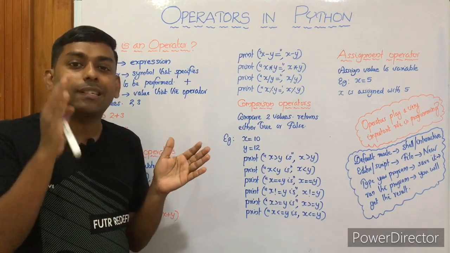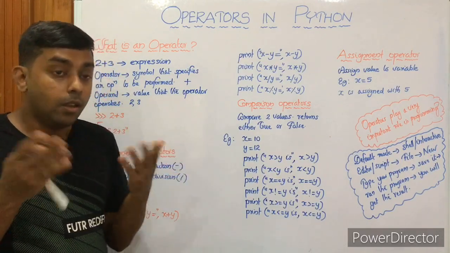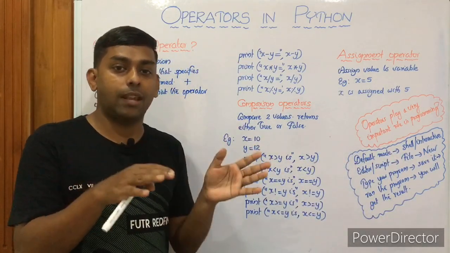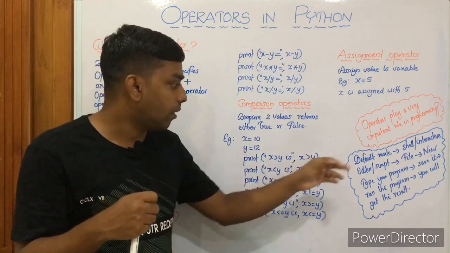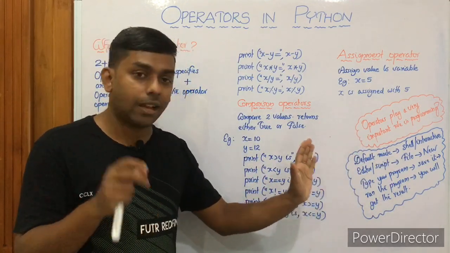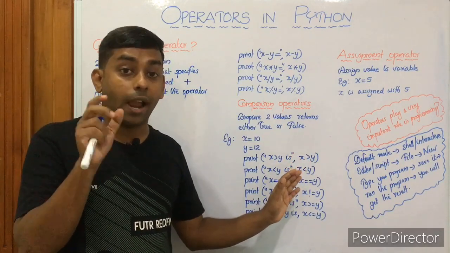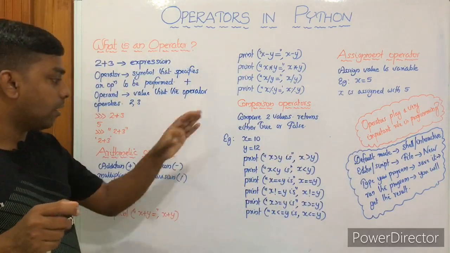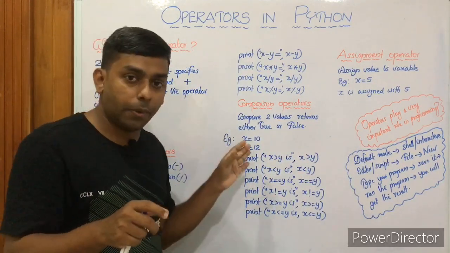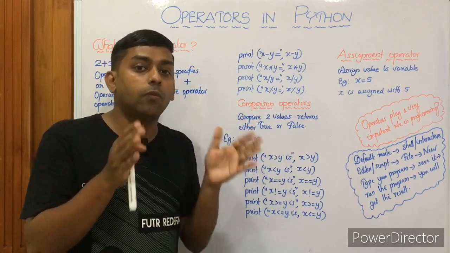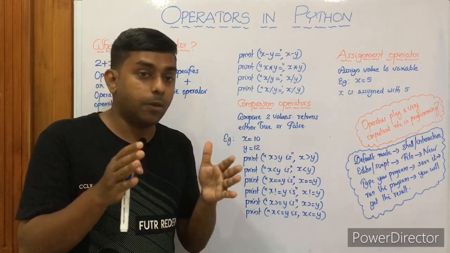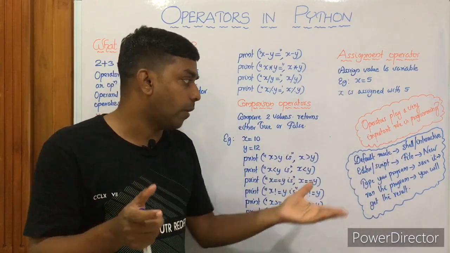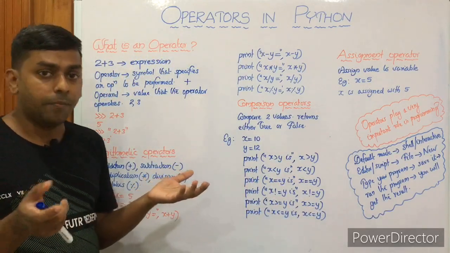If you want to work with script mode or editor mode, you have to go to the File menu, take the option New, then type your program, save it, run the program, and finally you will get the result. We are going to work with editor or script mode for both these operators, comparison and arithmetic operators.